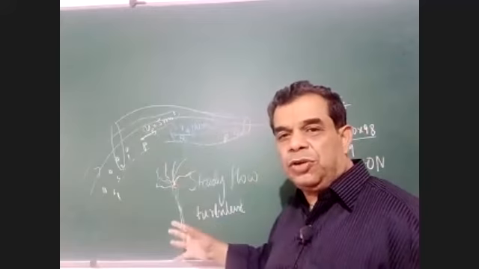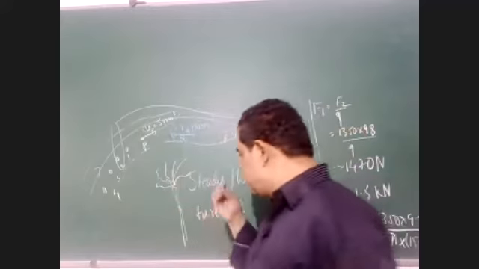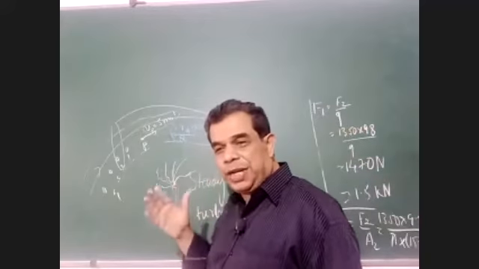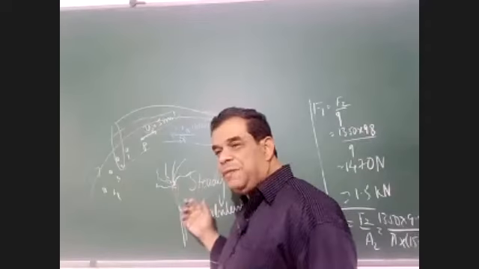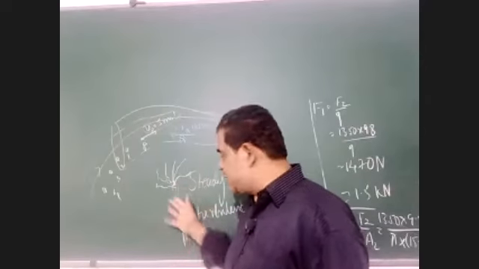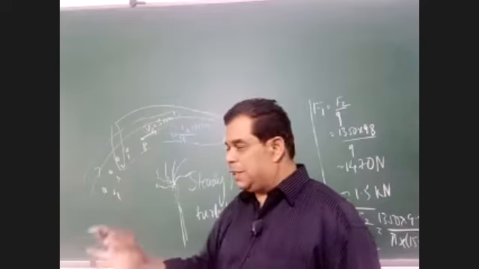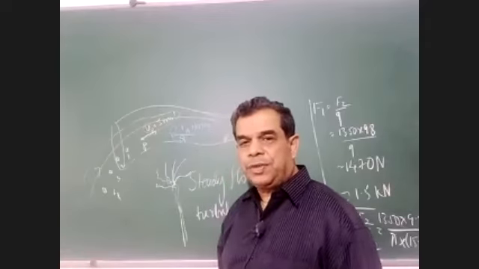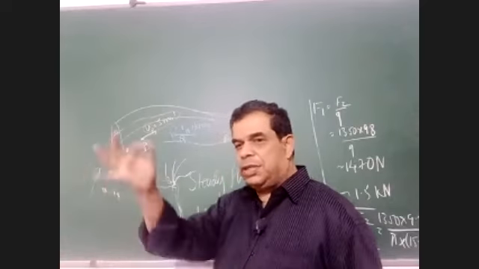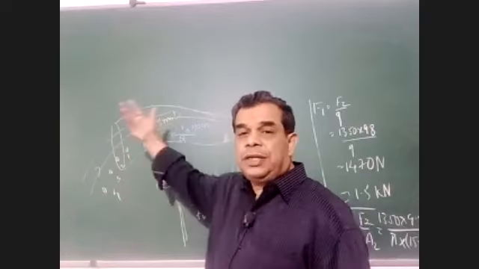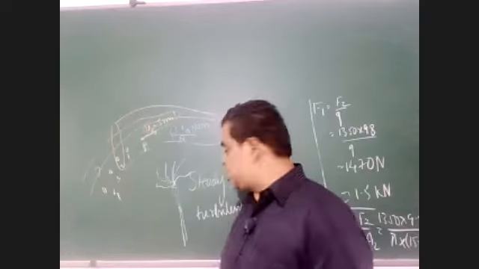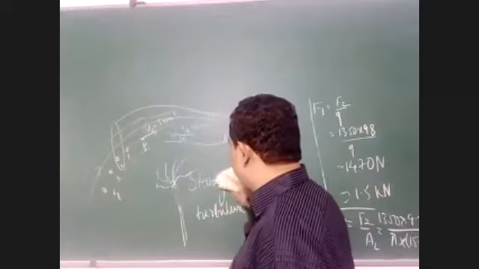Why I said don't go near it is because once we go near, our breath may create a small wind there, and that may disturb the smoke itself. So we cannot see that. Just keep it at a little distance and look at it. This smoke will beautifully rise up to that point without any disturbance. After that, it gets disturbed. So that is about steady and streamline flow.